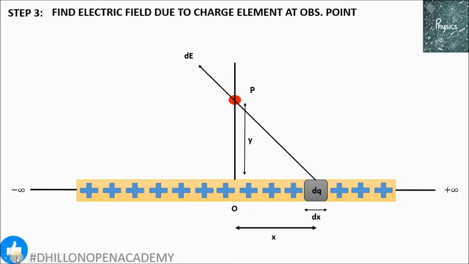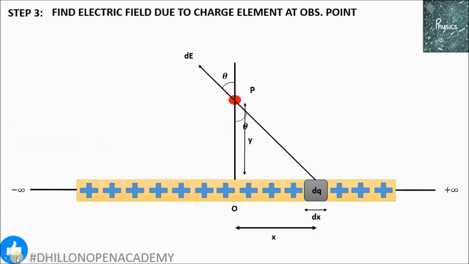Now this electric field dE is making an angle theta with the vertical axis, that is the y-axis. What is the value of this electric field? It will be given by 1 over 4 pi epsilon naught, dq divided by x square plus y square. X square plus y square is the distance squared between the observation point and the charged element dq, which you can easily find using the Pythagoras theorem.